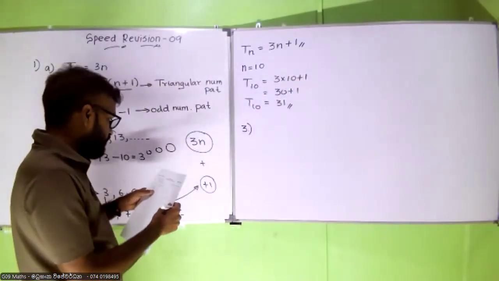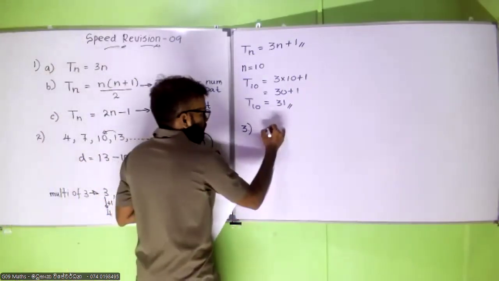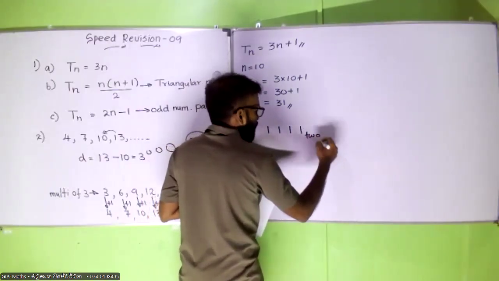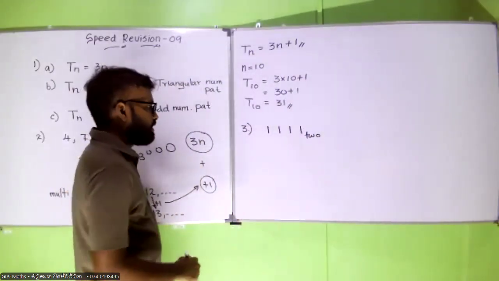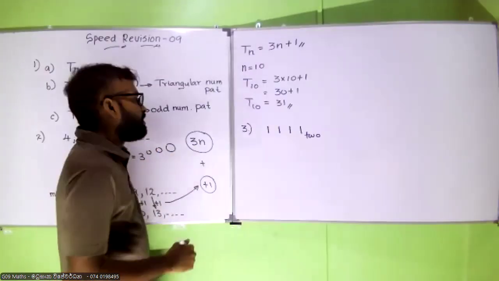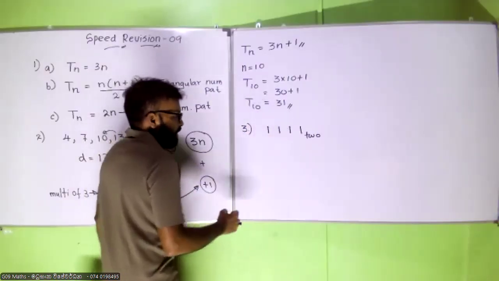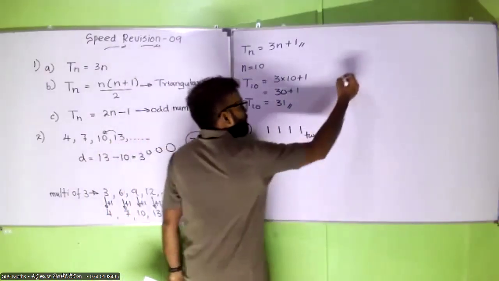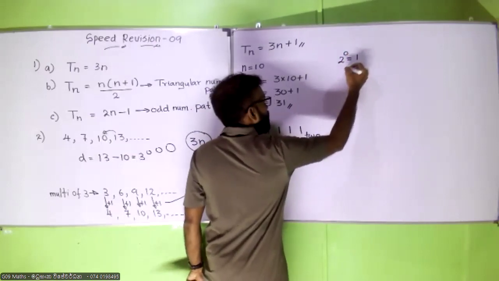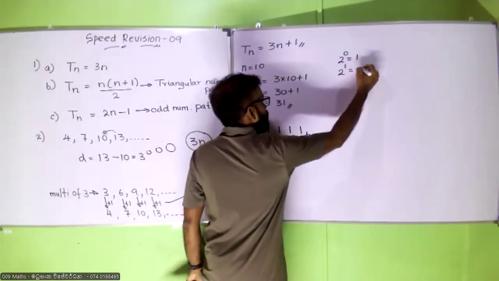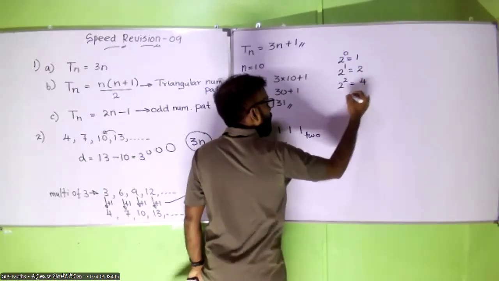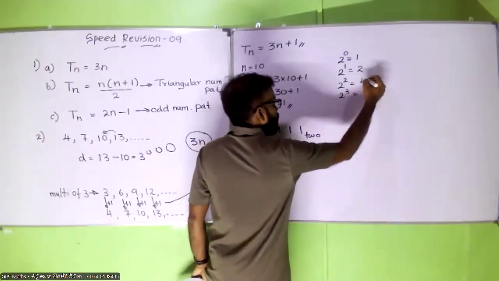The third one is convert 1111 base 2 into a decimal number. I hope you can remember what I have told you earlier. Before going into that part, you had better write 2 to the power 0 equals 1, 2 to the power 1 equals 2, 2 to the power 2 equals 2 times 2, 4, 2 to the power 3 equals 2 times 4, 8.